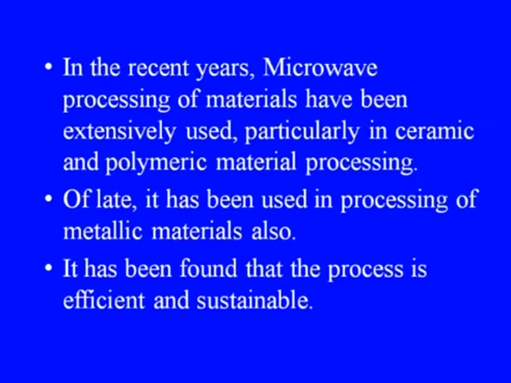In the recent years, microwave processing of materials have been extensively used, particularly in ceramic and polymeric material processing. Of late, it has been used in processing of metallic materials also. It has been found that the process is efficient and sustainable.